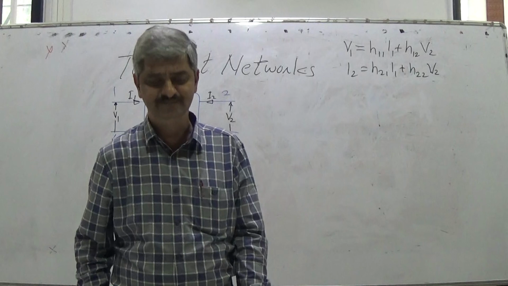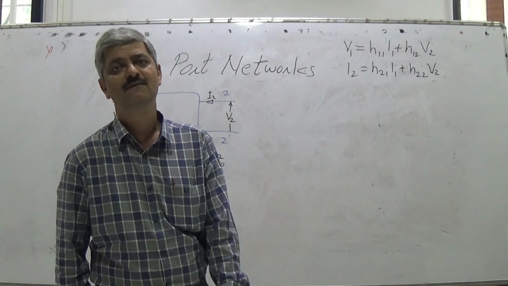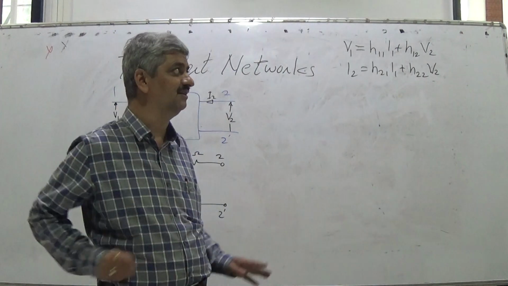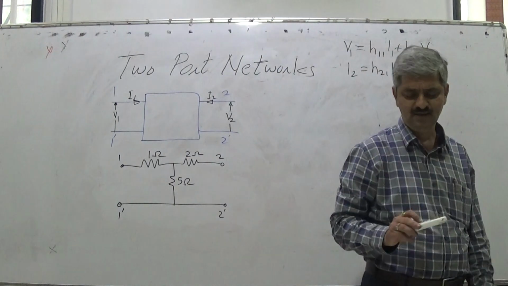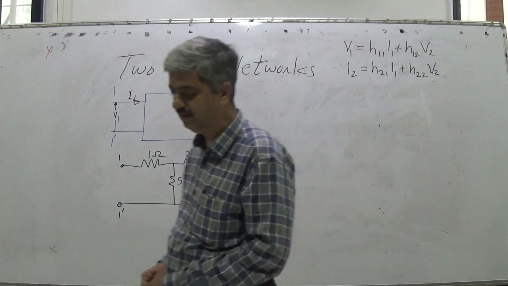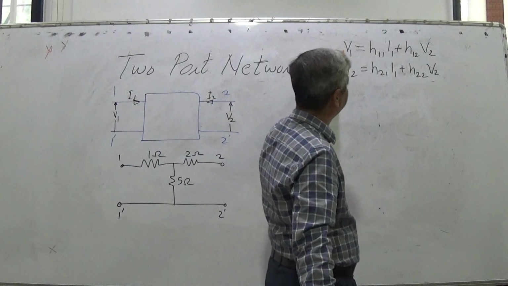So the question is, find H11. We need not think that I am finding all parameters simultaneously. We proceed one by one. The question is, find H11. If you want to find H11, you need to use equation 1.